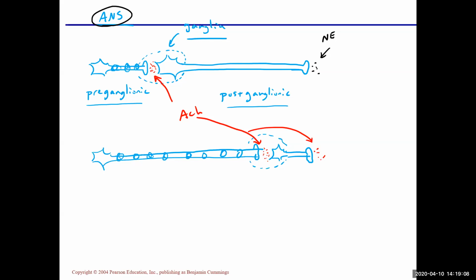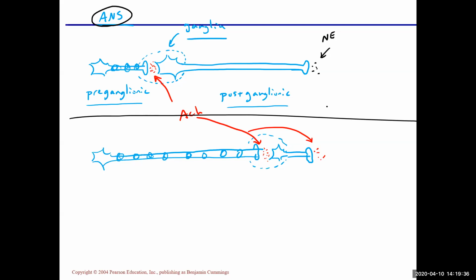All right. Now, on the autonomic nervous system, on the motor response, there are actually two different types. One of them is called the sympathetic division. The sympathetic division is the one that is on top right here.